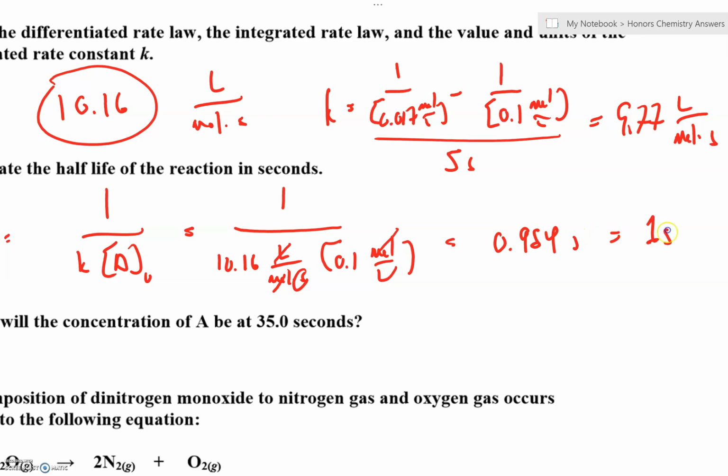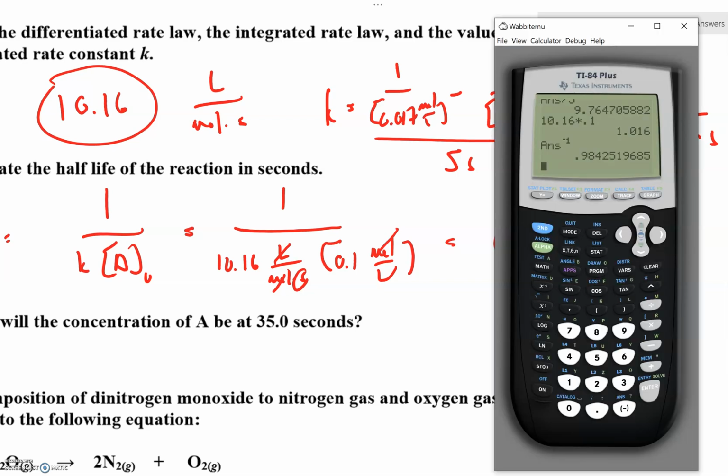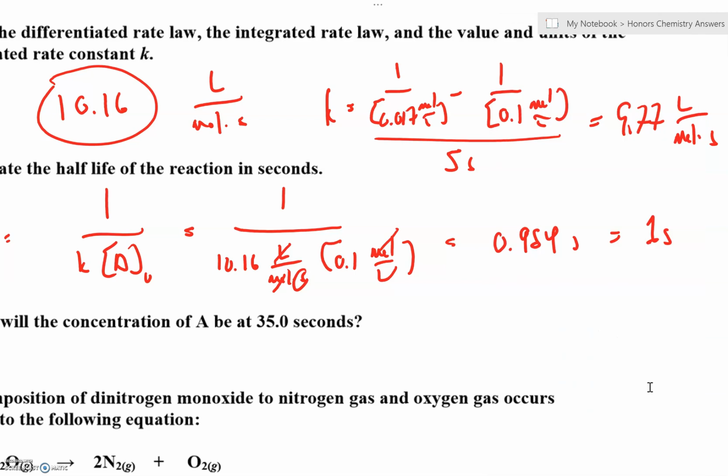That's close enough to 1. If you want to try it with the other value for the rate constant K, you'll get an answer that's very similar. We'll say 9.77 times 0.1, and we'll invert this answer. We should get something pretty close. 1.02 seconds. Again, approximates to 1 second.